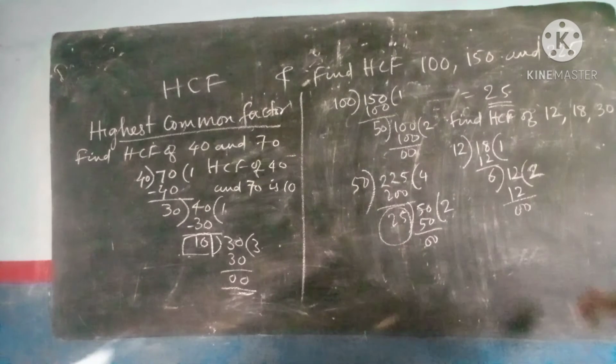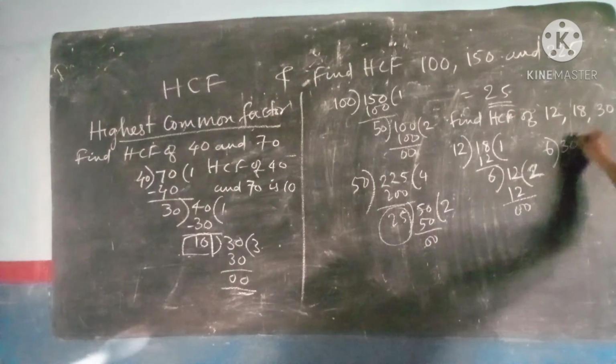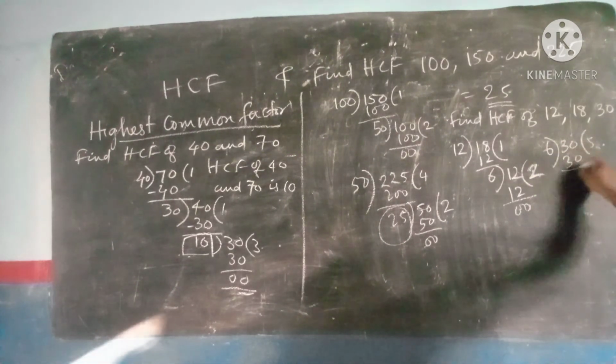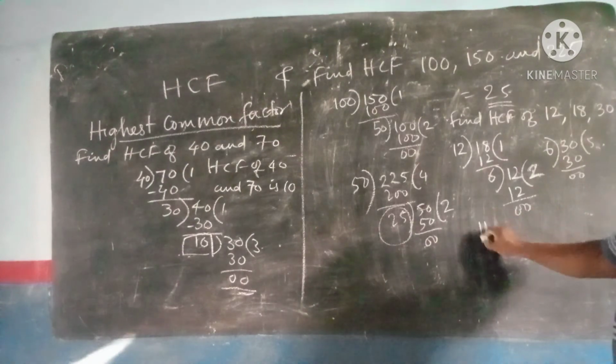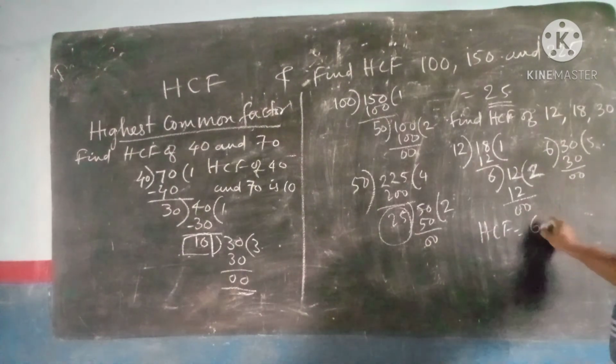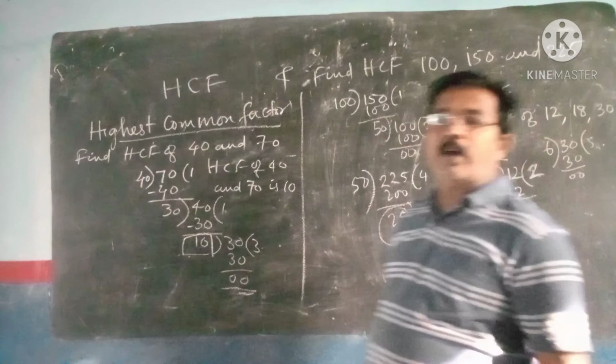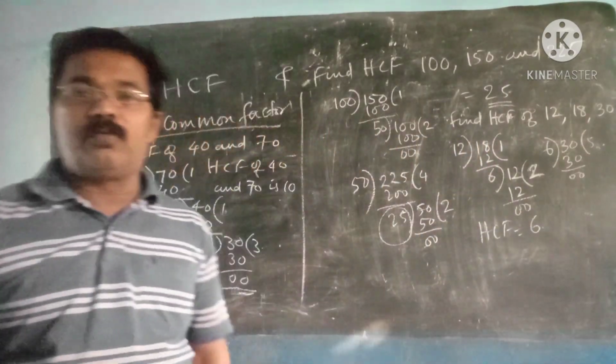We got 6 here, and 6 with 30: 5 times 30. So we find the HCF of these numbers is 6. In this way we can find out the HCF of numbers.